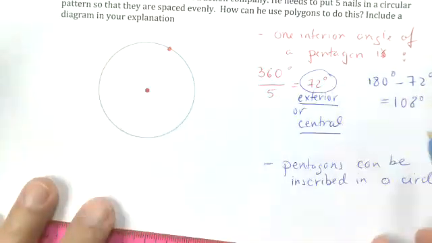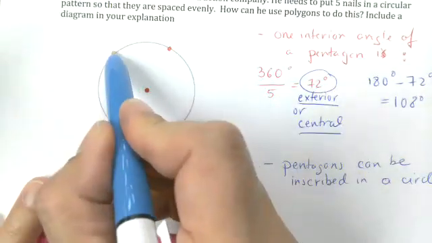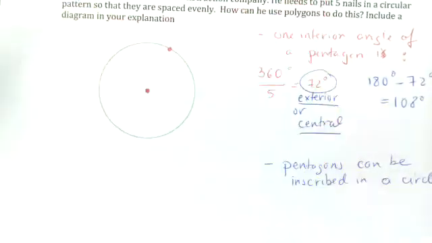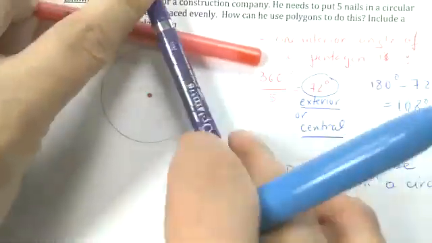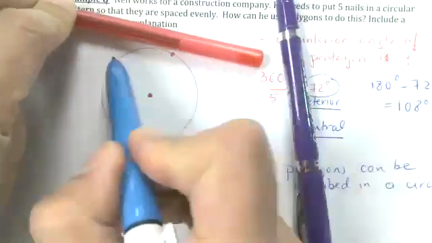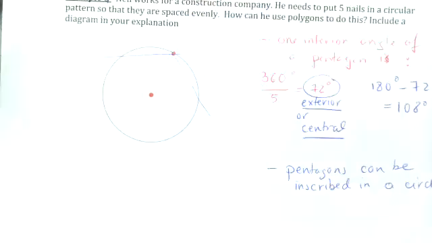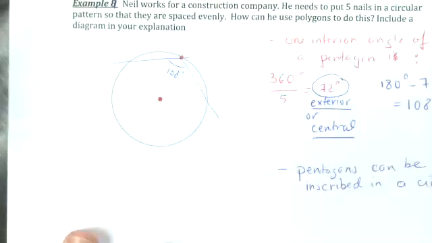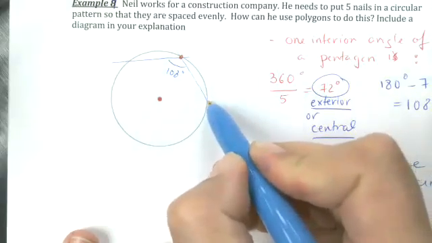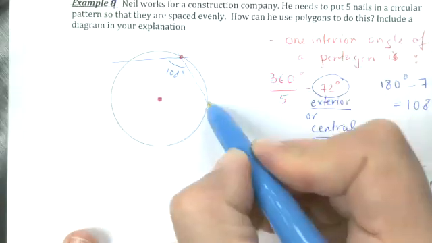So let's imagine what 108 is. Approximately, you have your contractor, you use your ruler, and then you measure that angle, and then you draw 2 straight lines. So you say, okay, this is my 108-degree angle where my 2 lines cross the circle.